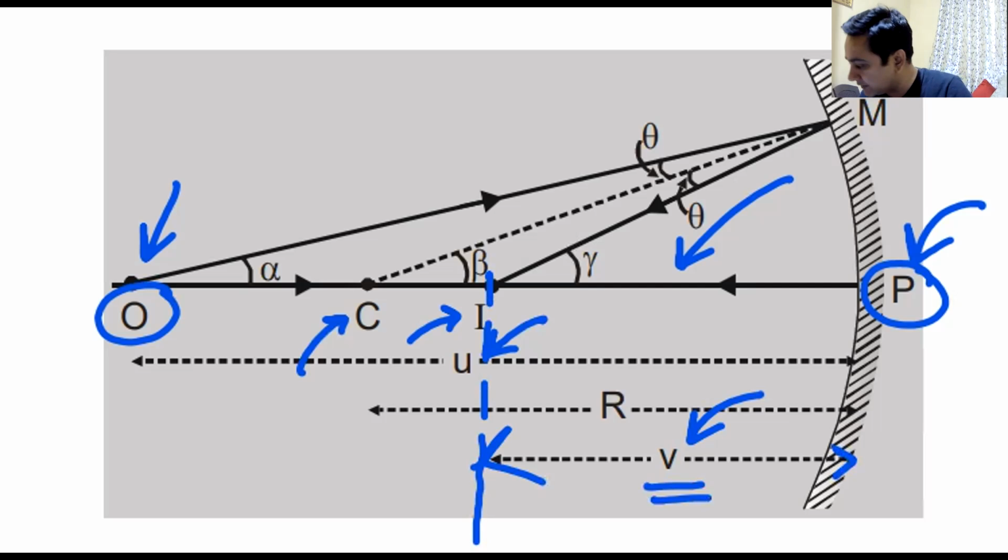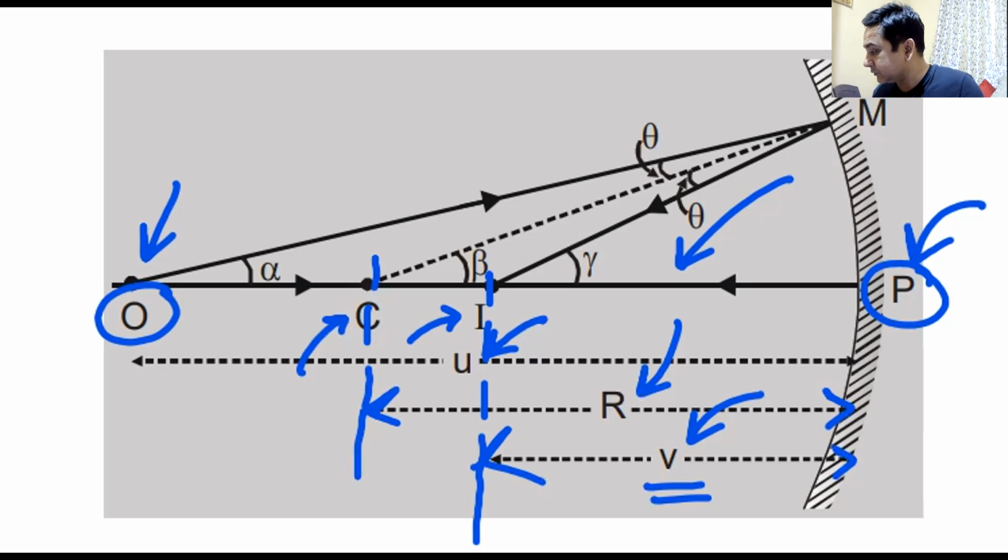Do we understand this? Yes, sir. Now, the focus is not drawn here. The focus would be somewhere. What is this R? This R is the radius of curvature.